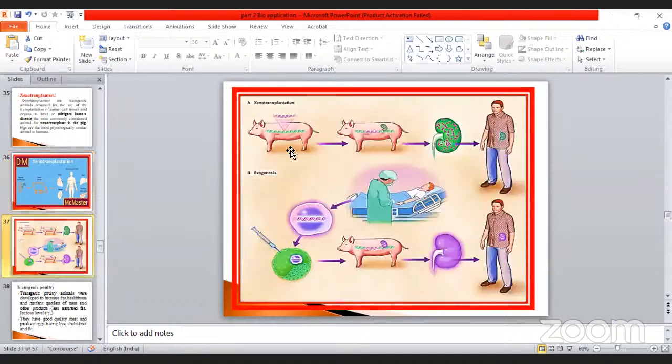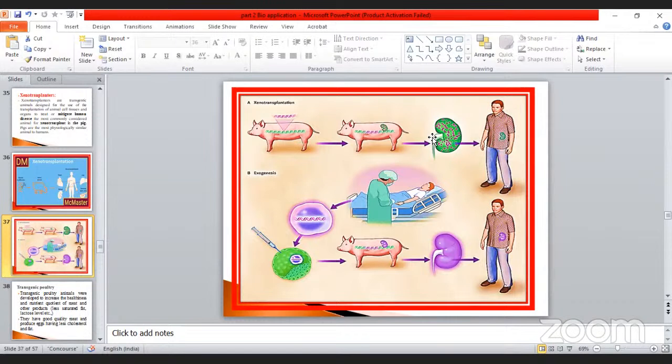Next one, see that xenotransplantation. Here we have to take a cell and grow it in the pig, then remove that particular organ and transplant it into the human body. This is called xenotransplantation. Otherwise, we have to take an organ donor, the donor to recipient.